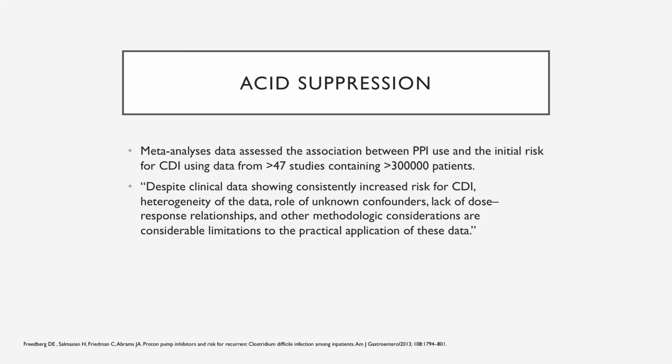I like to look at the meta-analyses, because there are so many studies looking at this. The big meta-analyses, with the most patients and most studies, can't find strong statistical evidence that PPIs increase the risk for initial CDI or for recurrent CDI, even though the data seems to trend that way.